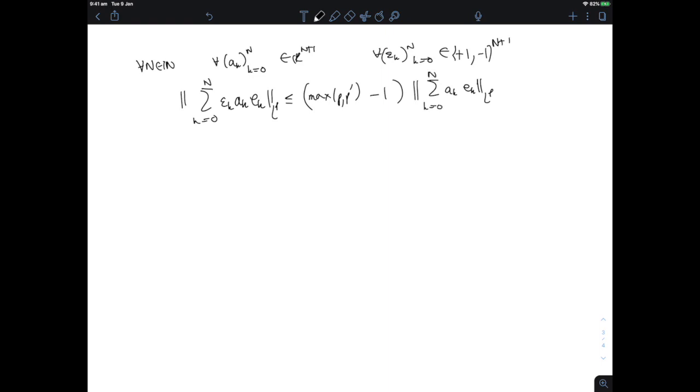So this is what we're going to prove. Let's call that U for unconditionality subscript P. Okay, so that's what we want to show in this next part of the proof.